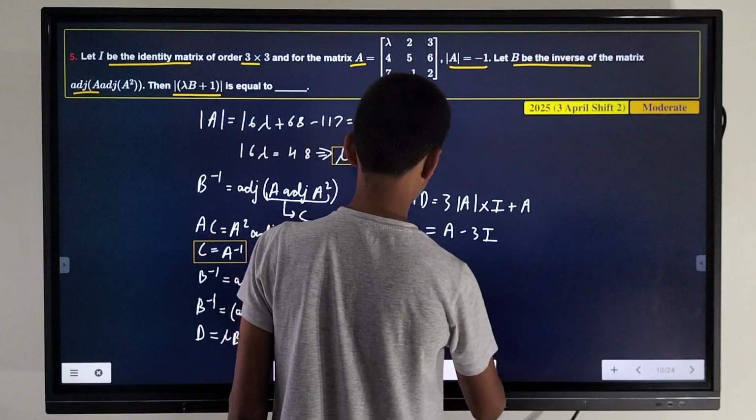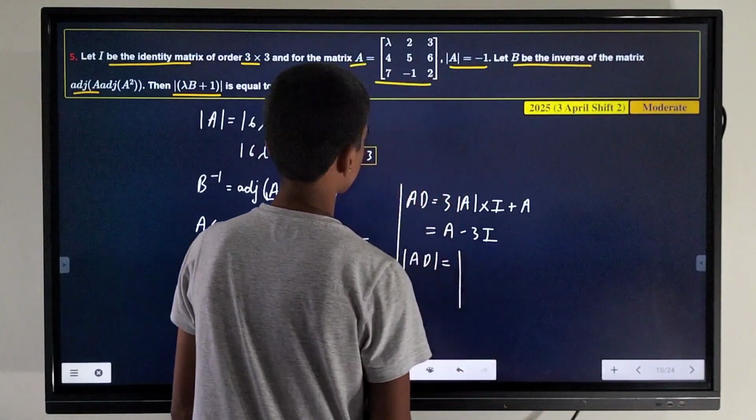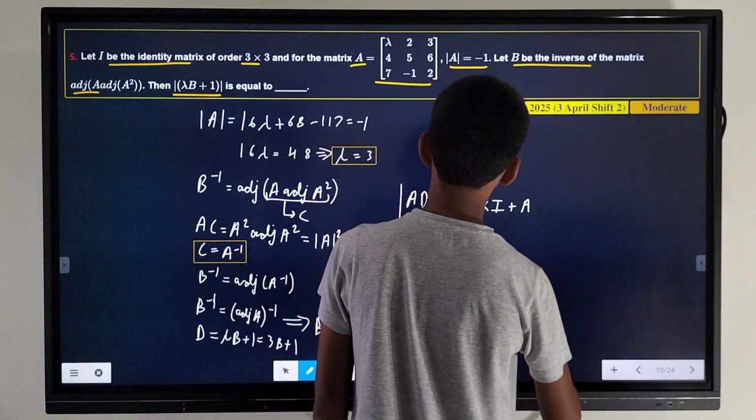So determinant of AD is equal to determinant of 3 minus 3 is 0.